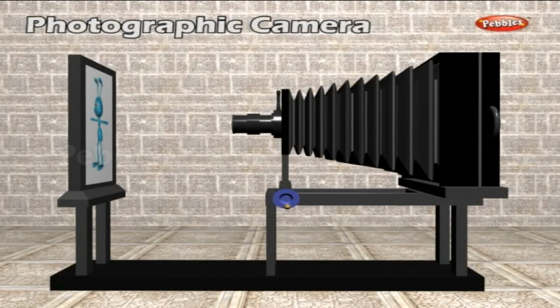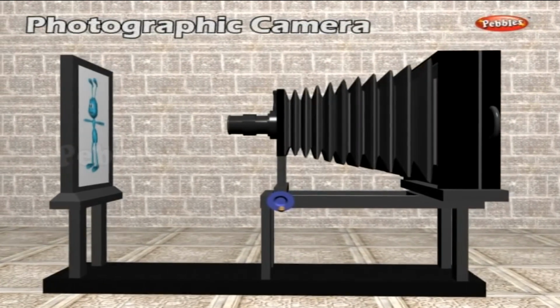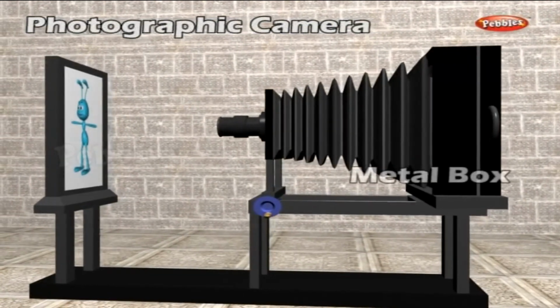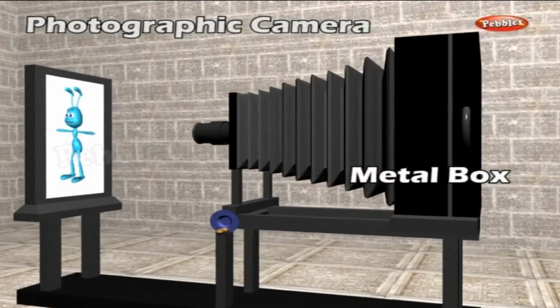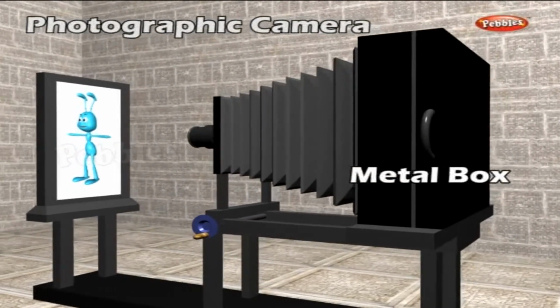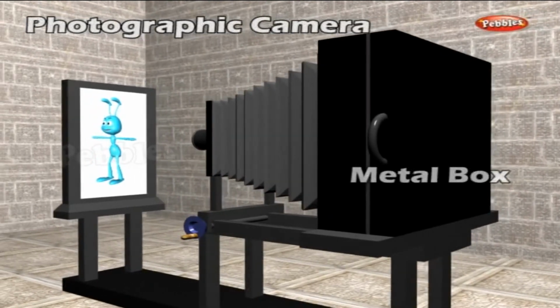Construction: it consists of a metal box painted dull black on the inside to avoid internal reflection and to make it light tight.